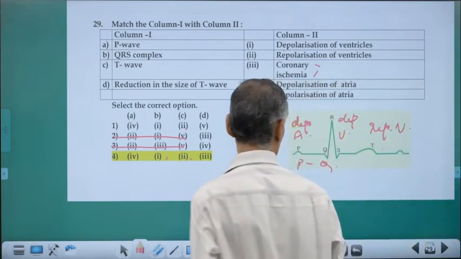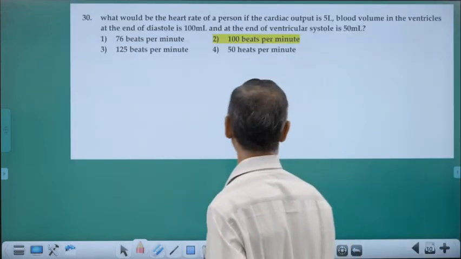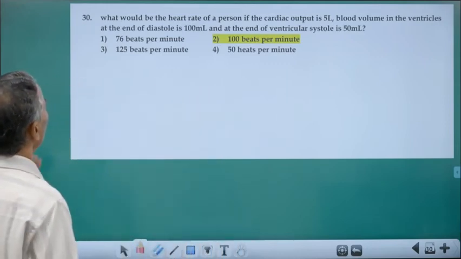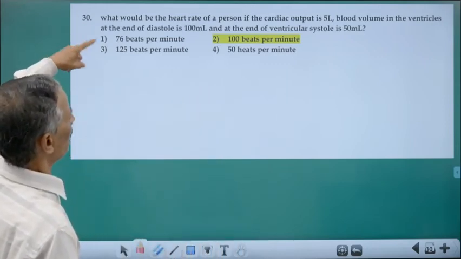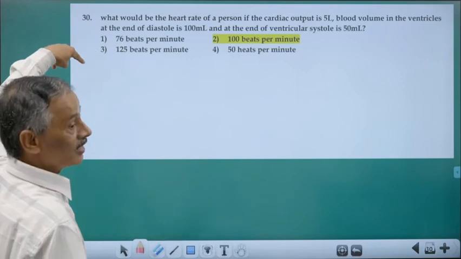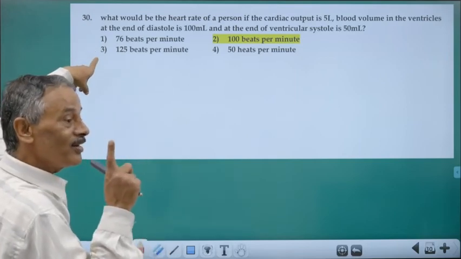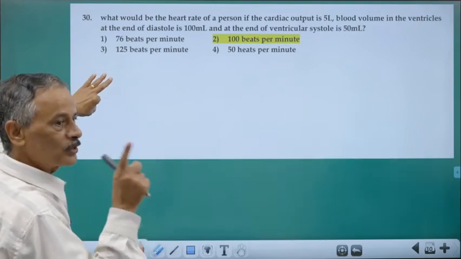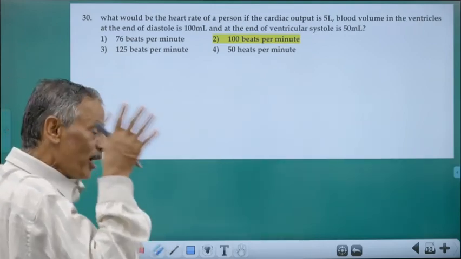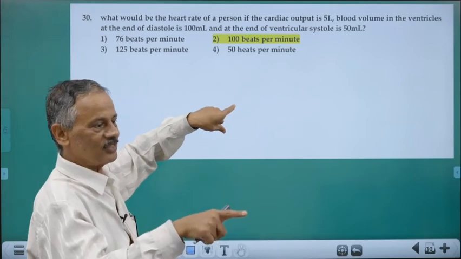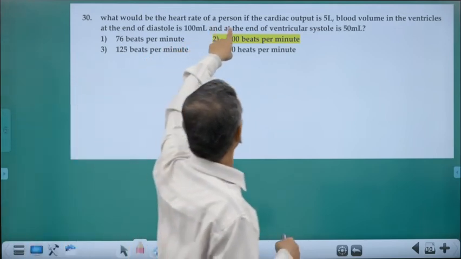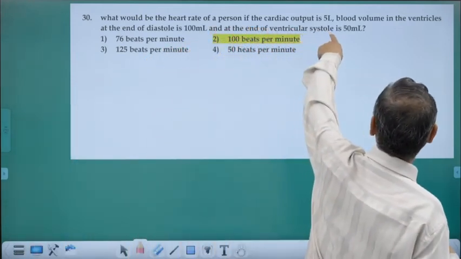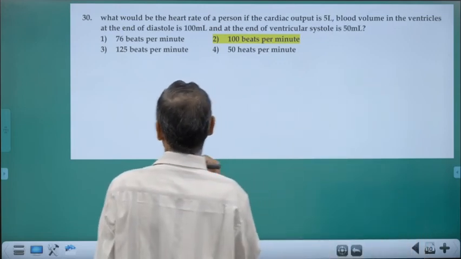Is that point clear? And coming to the last question of this paper: what would be the heart rate if a person... See, there will always be one simple question that will make you confused. The question is put in such a way that you are made to be confused. Just like in respiration, I have told you, if the cardiac output is 5 liter, what is cardiac output?